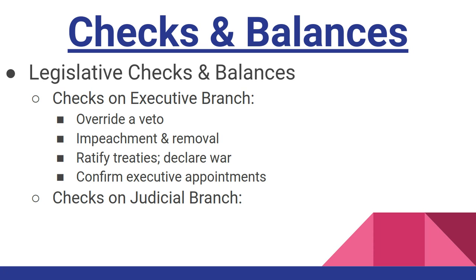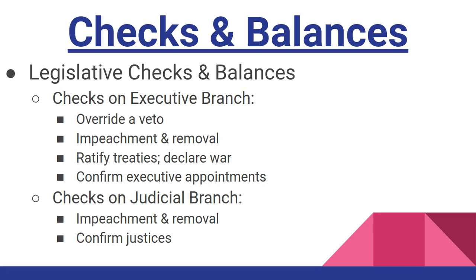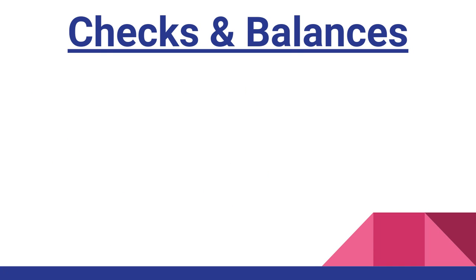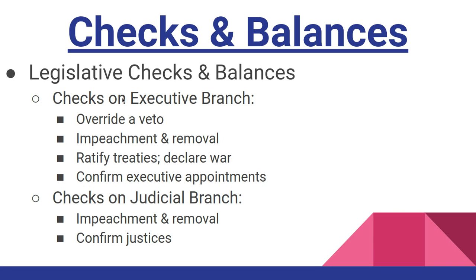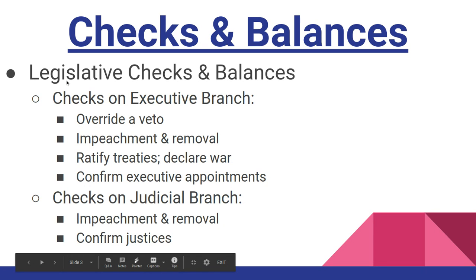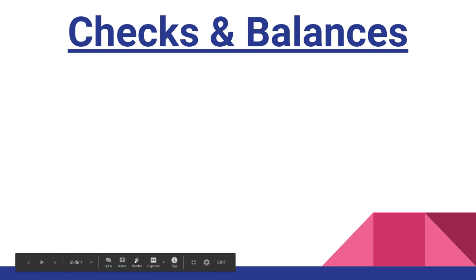For the judicial branch, the Supreme Court and other federal courts, they can also impeach and remove justices, similar to officials in the executive branch. And they confirm justices, the people that the president appoints, to officially admit them into their position as a judge. So once again, these are just examples of what the legislative branch can do to limit the power of the executive and then limit the power of the judicial branch.